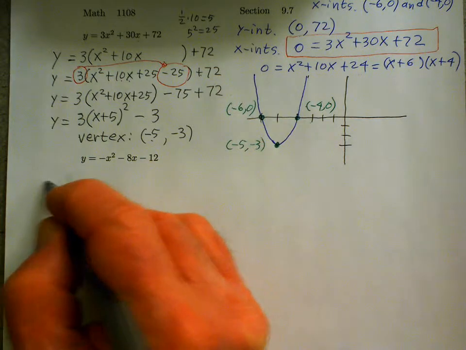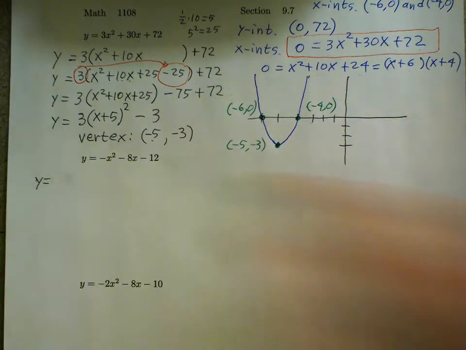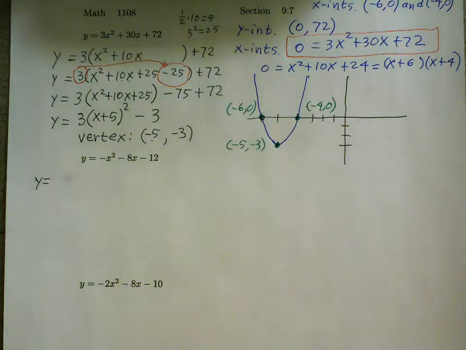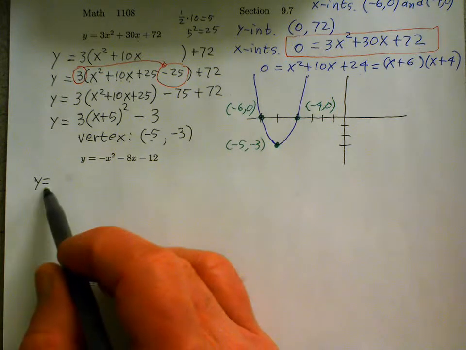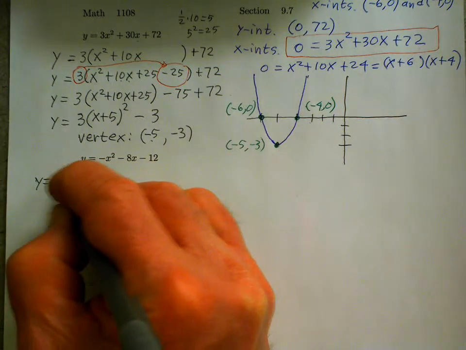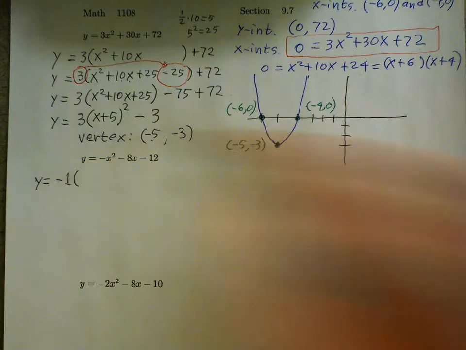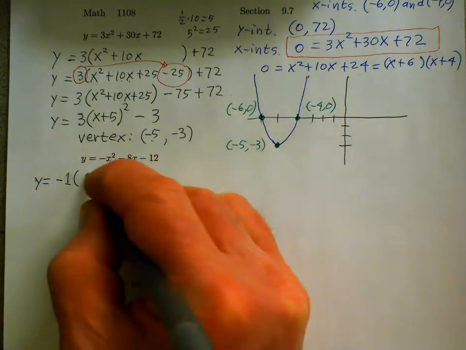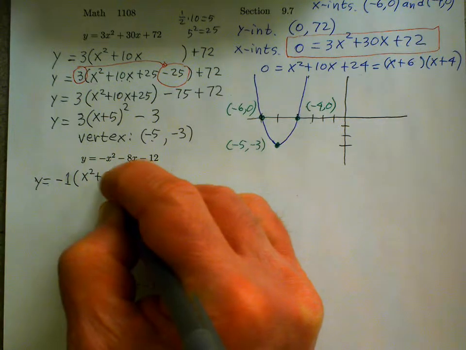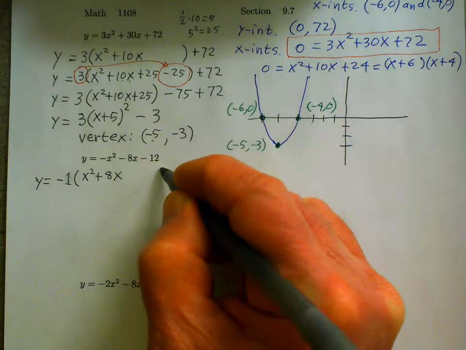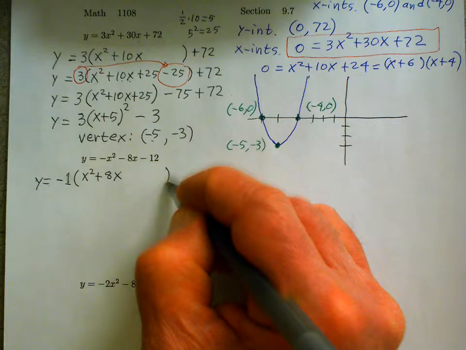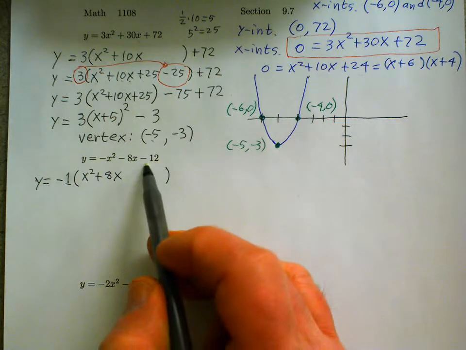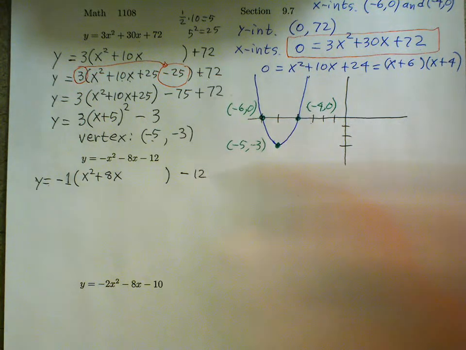So we want to factor -1 out of the first two terms, the x squared term and the x term, but not the constant. So we write y equals -1 times x squared plus 8x. Leave some space for the adding 0 part, then put a right parenthesis, and the minus 12 is on the outside.